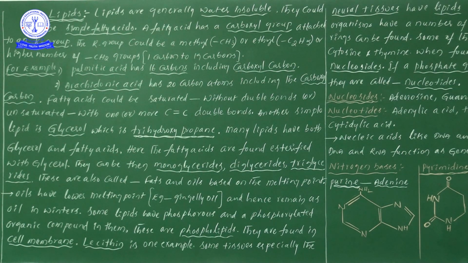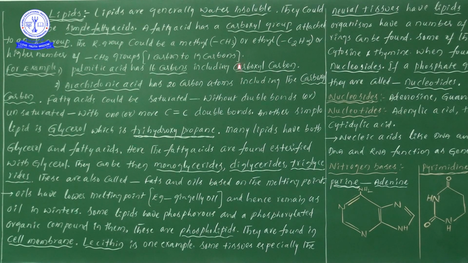First example, palmitic acid. Palmitic acid has 16 carbons including the carboxyl carbon. This is important from the NEET examination point of view also. Say along with me: palmitic acid has 16 carbons including carboxyl carbon.